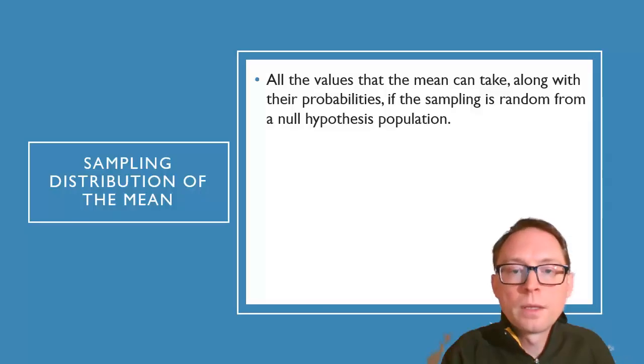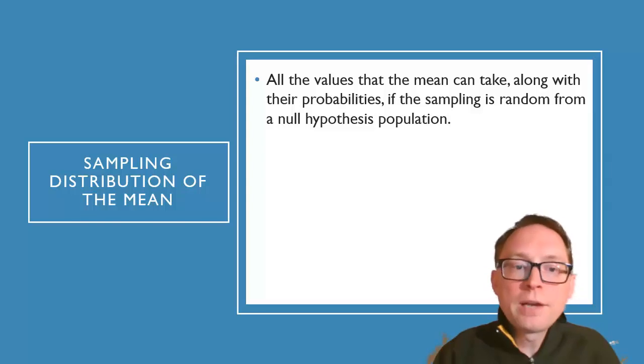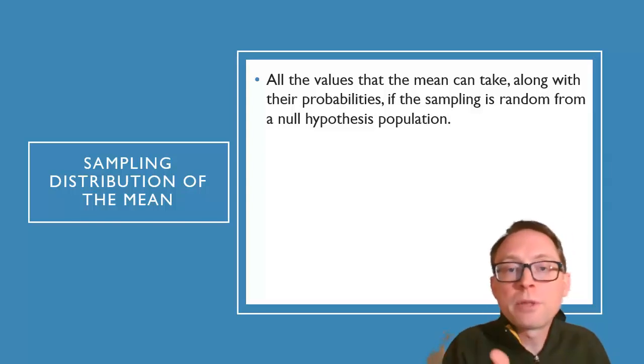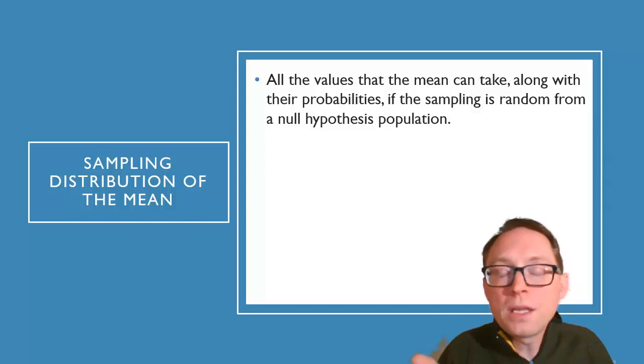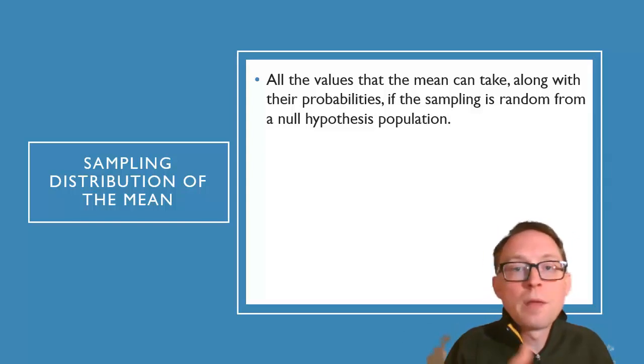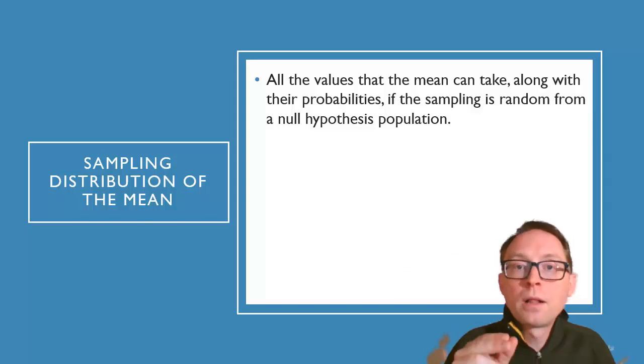Now, mu is 2.75. There's a specific kind of sampling distribution, in this case the sampling distribution of the mean. The sampling distribution can be for any statistic, and so we're going to do one for the mean. The sampling distribution is all the possible values of a statistic.